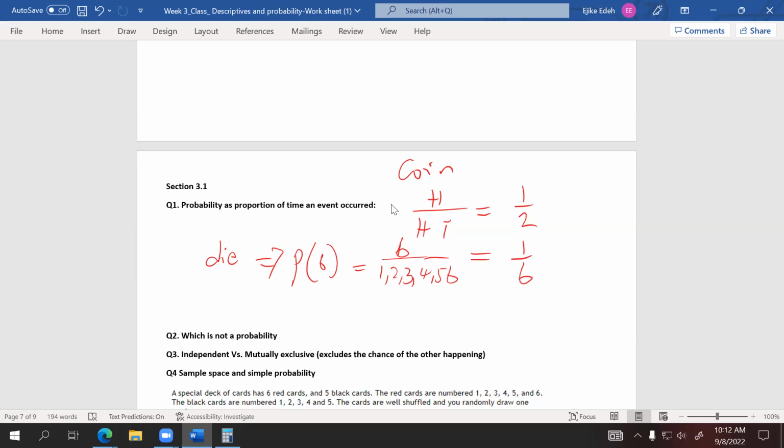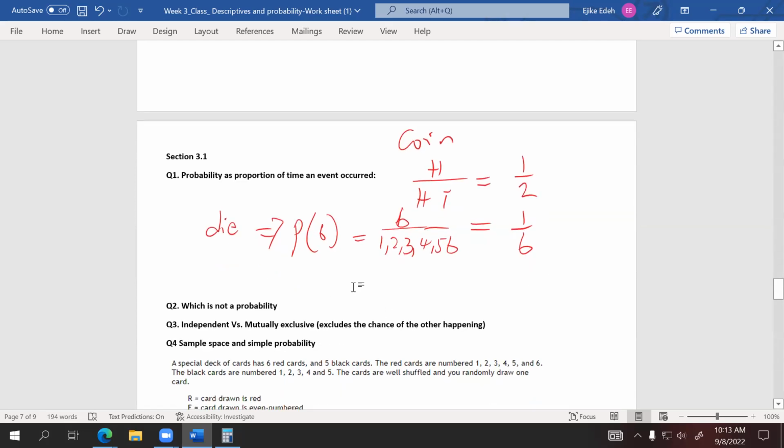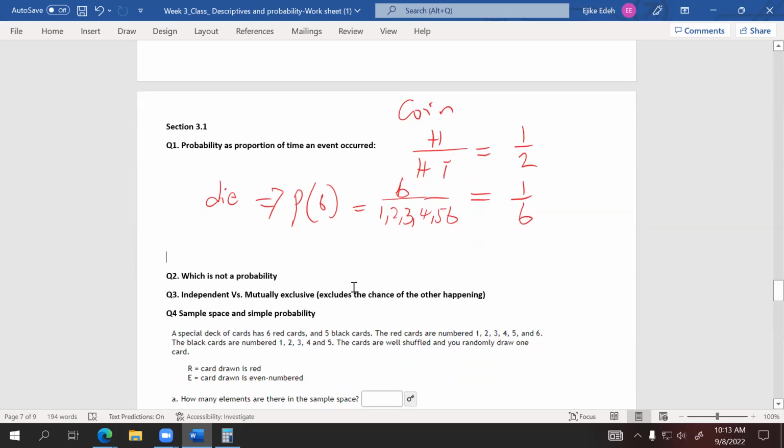It's just very basic and very straightforward. We're not going to go into complex probability. That's not the goal of this class, right? But one other thing to note is that probability ranges from 0 to 1.